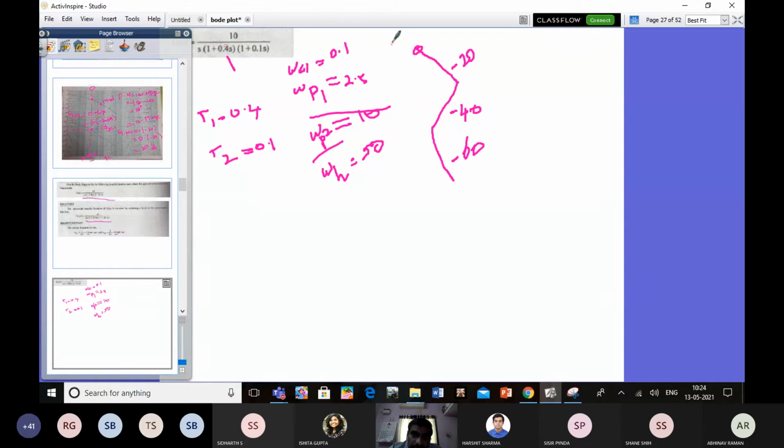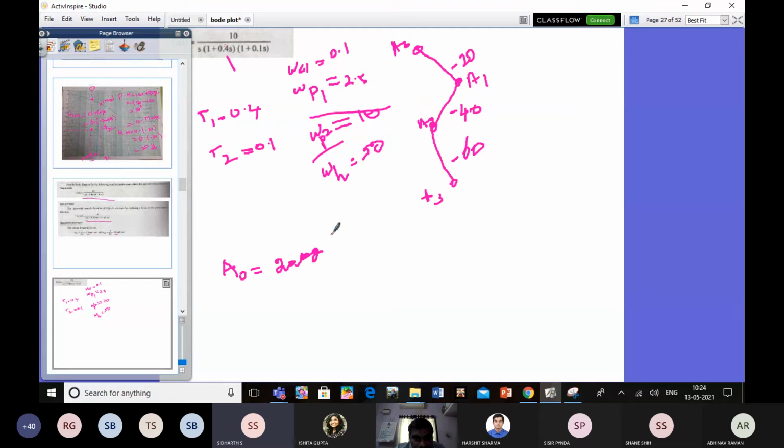Tell me the magnitude values A0, A1, A2 and A3. What is A0? How do we determine A0? It is 20 log K by j omega. What is K?